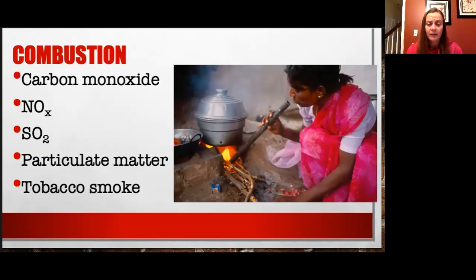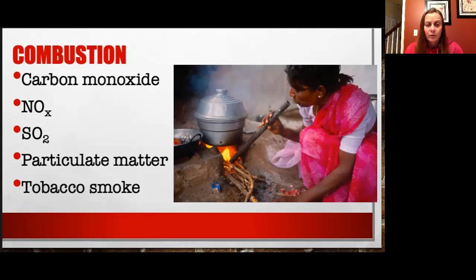As we've talked about, incomplete combustion can result in the production of carbon monoxide. Combustion of all forms results in sulfur dioxide, in nitrous oxides, also in particulate matter. And of course, hopefully at this point, you all know the dangers of both first and secondhand tobacco smoke.